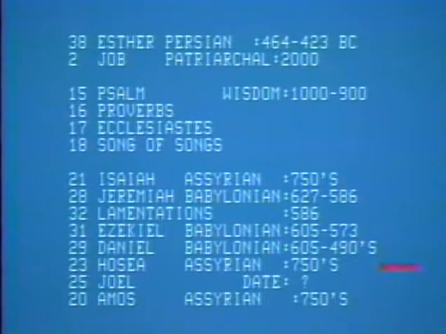Then we have Hosea. Hosea is the Assyrian time, and it's the nation of Israel around the 750s BC. Amos, Hosea, Israel, Micah, Isaiah, Judah, same period, 700s. Now we have Joel, and we're just not sure at all where Joel fits. Amos, Assyrian, Israel, 760s. Obadiah is the Persian period, but when, we're not certain.